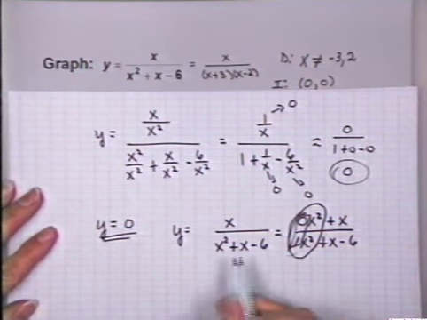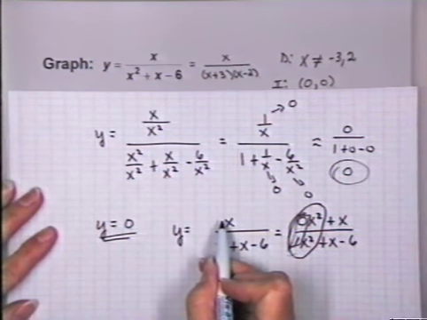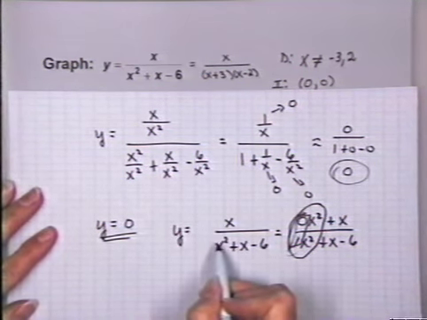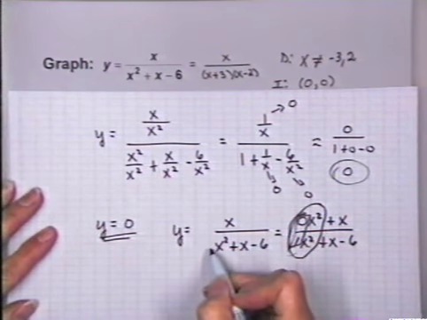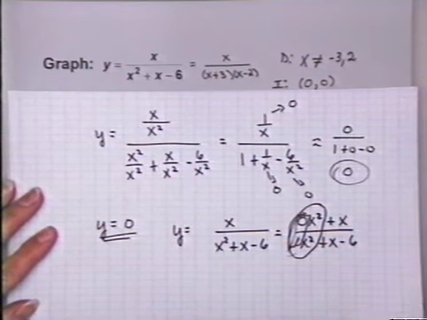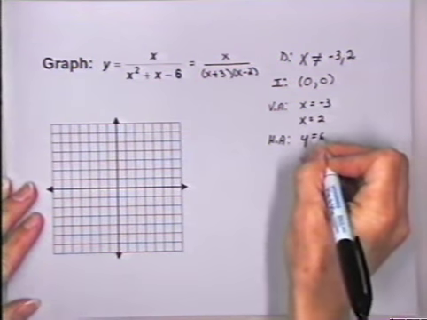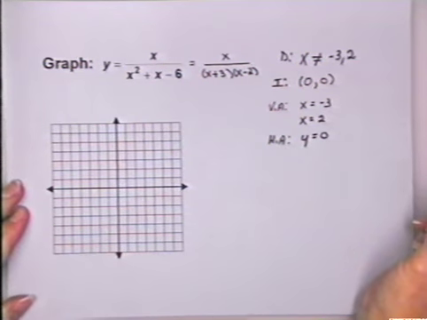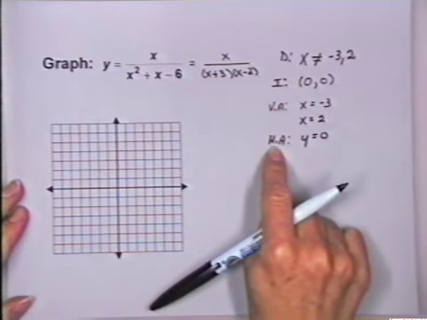Basically what I've shown you here is that if I have a larger power of x in the denominator than in the numerator, then there would be a 0 in front of that large power of x in the numerator, so 0 over any other number is 0, and I'd have y equals 0 as my horizontal asymptote. So let's make that statement: y equals 0 is my horizontal asymptote. Now, while we're here, we're going to check to see if we cross this horizontal asymptote.